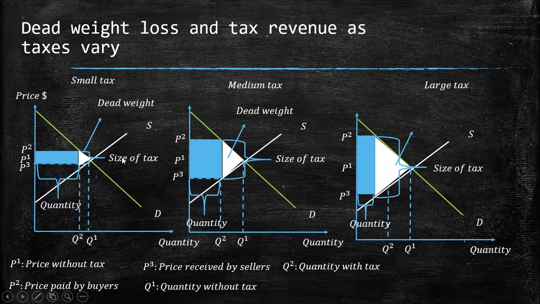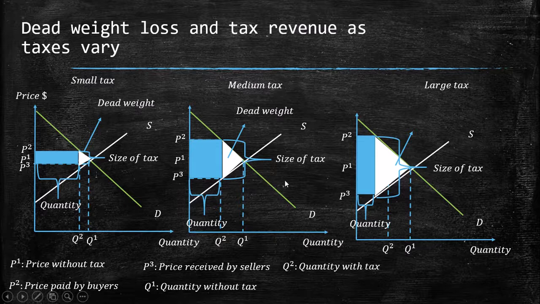But as the base increases, the height, which is measured by Q1 and Q2, is going to increase as well. So what it means here, when the size of the tax increases, the deadweight loss is going to increase higher. There's going to be kind of a factor, so it's going to increase higher than the size of the tax.